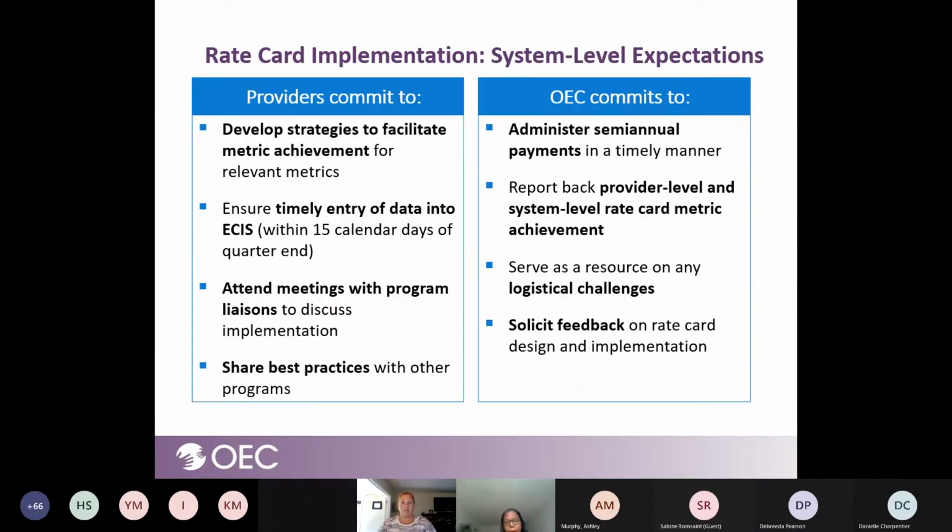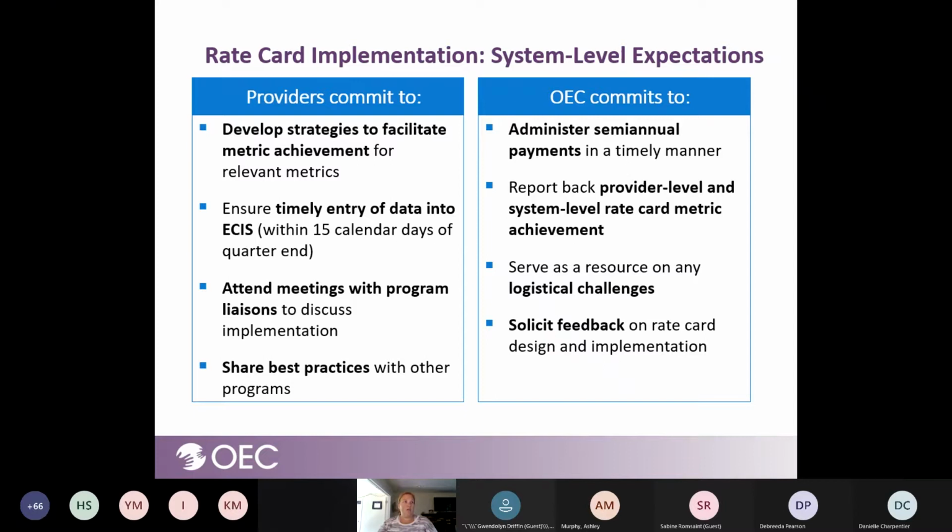Next slide, please. In order for rate card implementation to be successful, we expect providers to work internally to develop and execute on strategies to facilitate rate card metric achievement for metrics most relevant to your program. Ensure program data is being tracked and entered into ECIS in a timely manner with low error incidence.